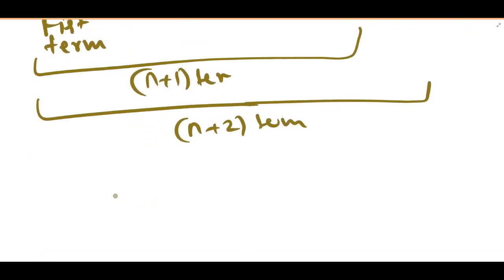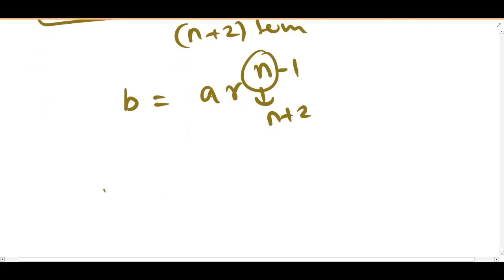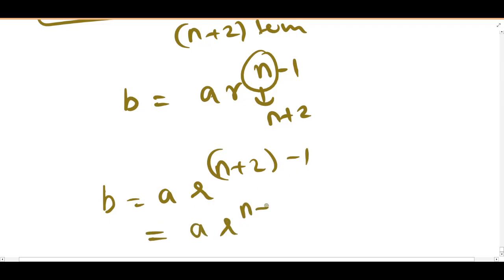So we can write b as the general term a r^(n-1), where n is equal to n plus 2. So b is equal to a r^(n+2-1), which is equal to a r^(n+1).